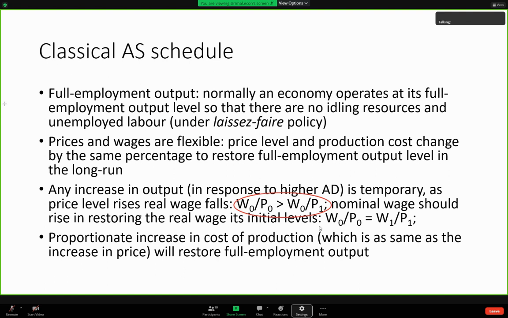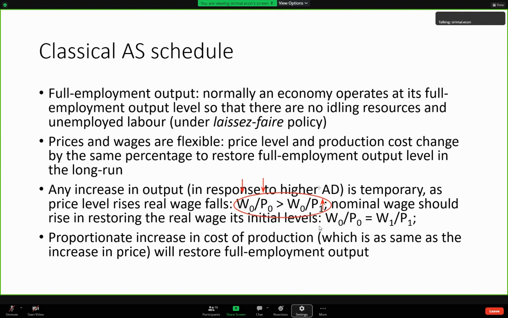The original wage rate is W naught. Price level is P naught. So real wage is W naught over P naught. But the price level went up to P1, you can see it here. Nominal wages did not change.